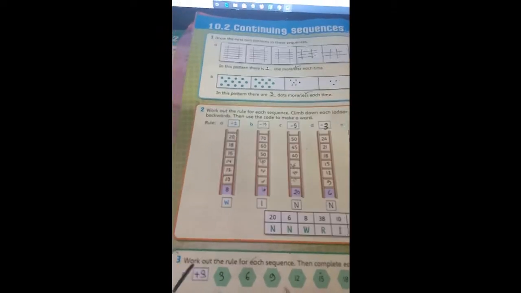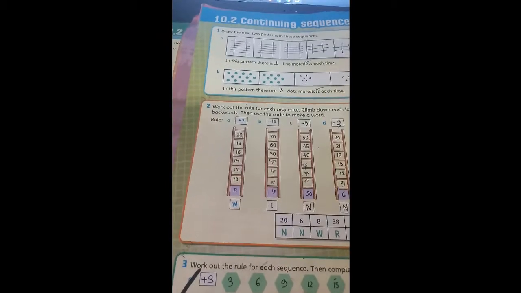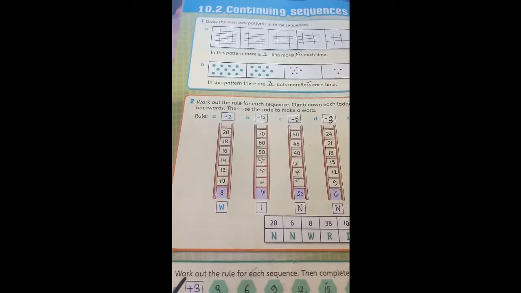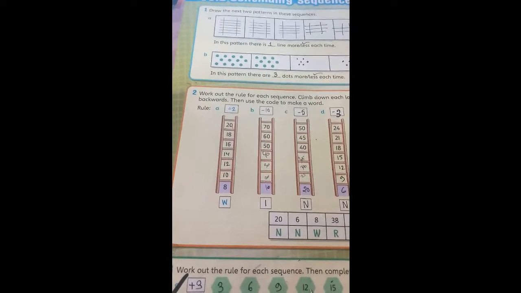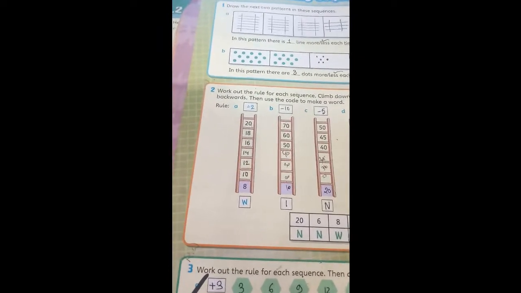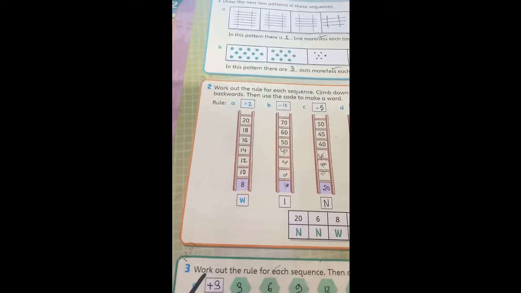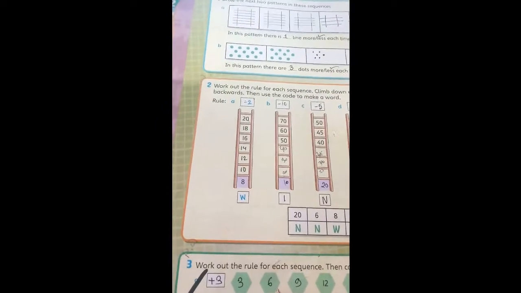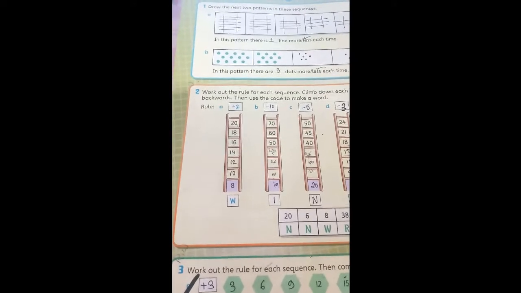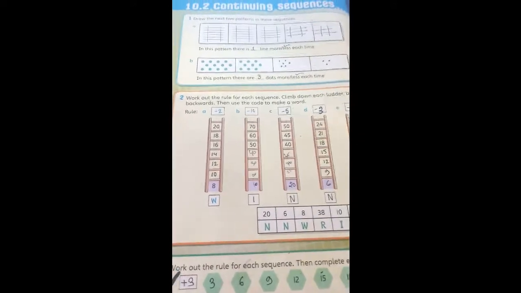And to work out the number before, we have to subtract 3 from 12. If we subtract 3 from 12, we get 9. And again, if we subtract 3 from 9, we get 6. And again, if we subtract 3 from 6, we get 3. Now look at here from first.